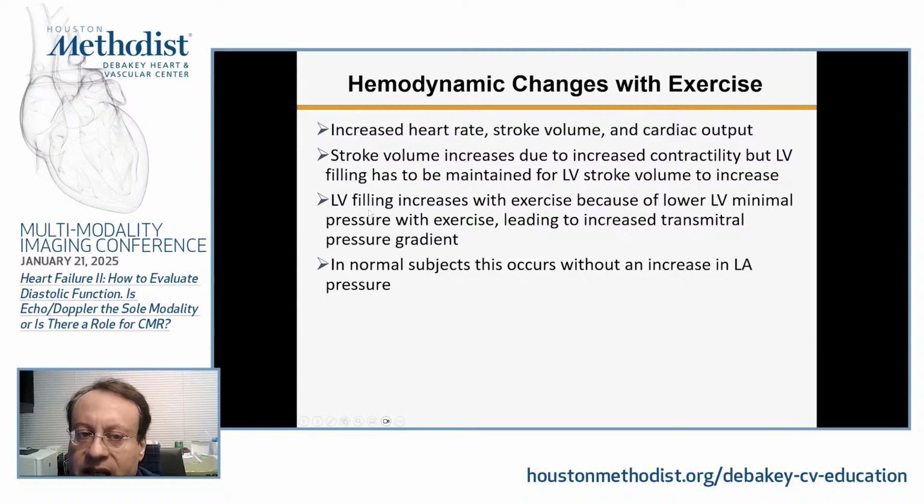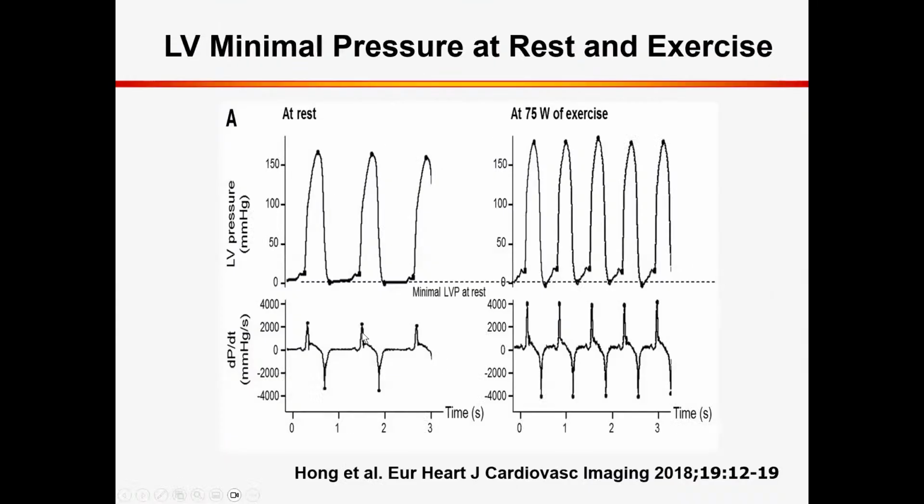The reason left ventricular filling increases with exercise is because the ventricle is relaxing at a faster pace, achieving a lower left ventricular minimum pressure, and thus a good transmitral pressure gradient to maintain the early filling. In normal subjects, all of these sequences occur without an actual increase in left atrial pressure.